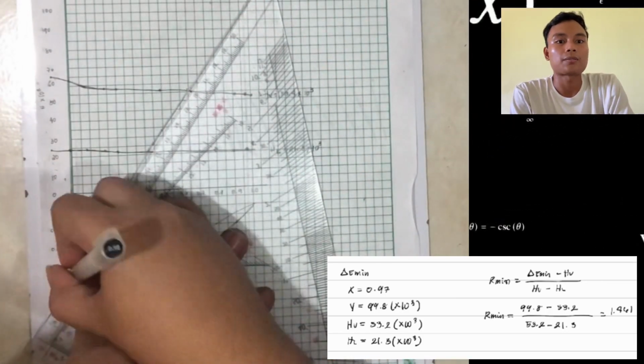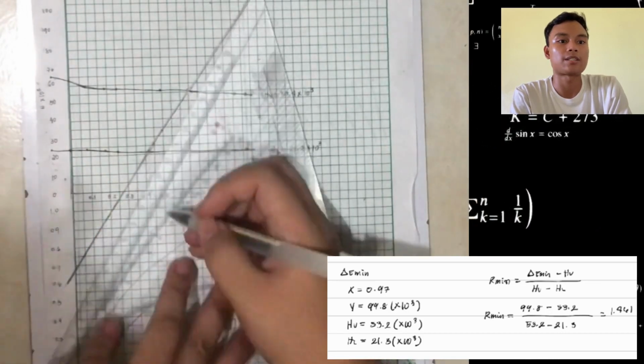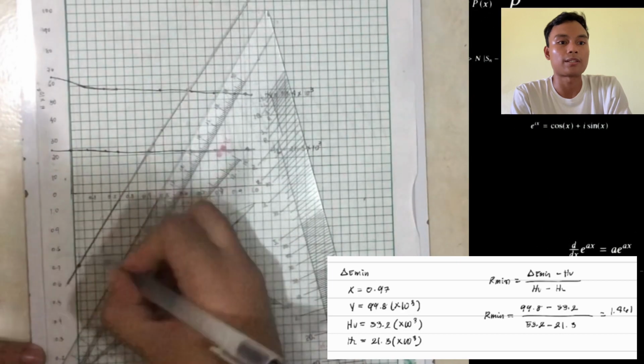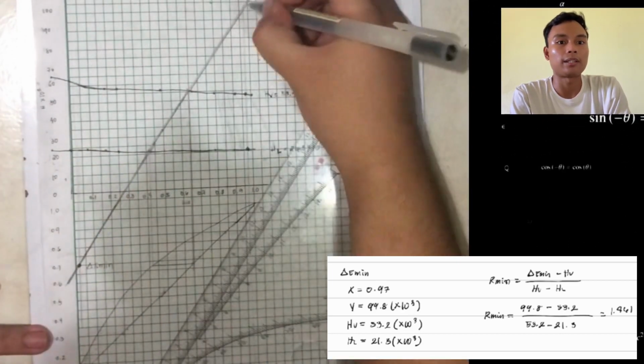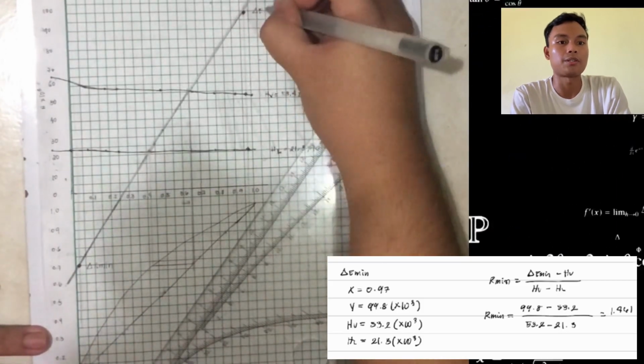So using the XY graph, we can identify the minimum number of stages from XD, which is 0.97, create a stair inside the equilibrium until it reaches the XW, which is 0.01.